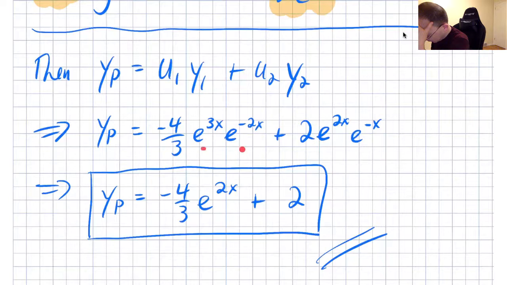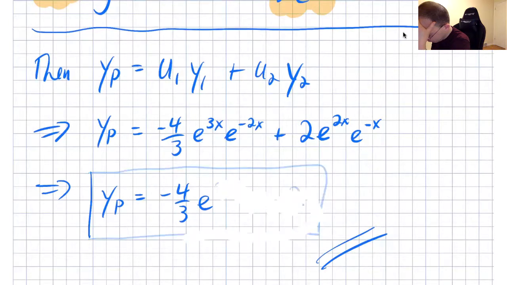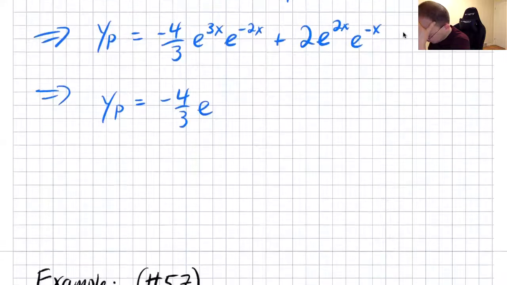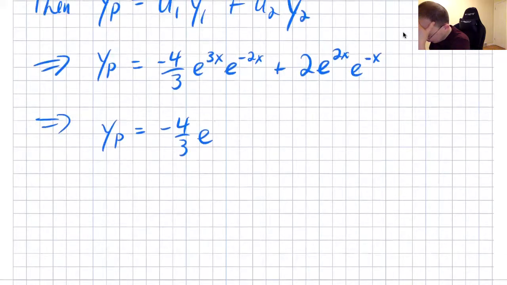e to the x, e to the x. So negative 4/3 e to the x plus 2 e to the x. So negative 4/3 plus 2. So this is negative 4/3 e to the x plus 2 e to the x.